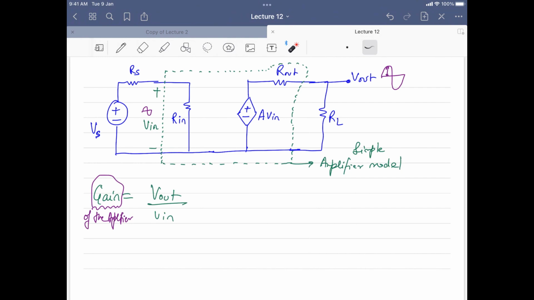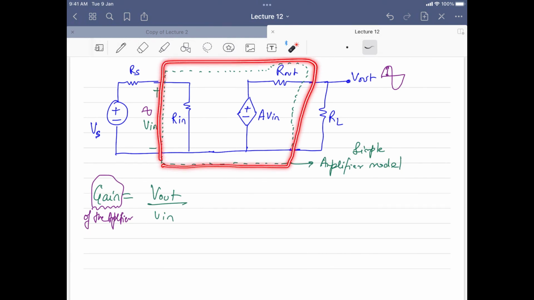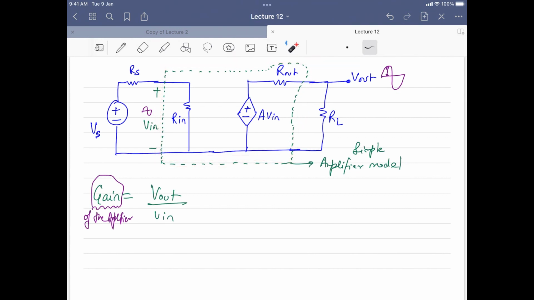And regarding making a box on this and saying that this is an amplifier model, if somebody wants to ask you something on this specific model, then they will specify it, otherwise they will not. But do not worry about it, because this is quite trivial. No need of keeping this box.